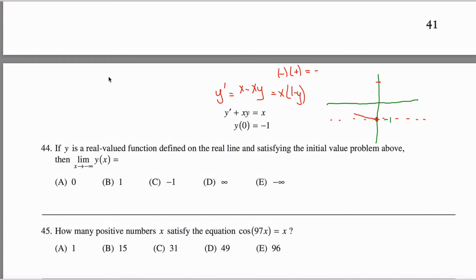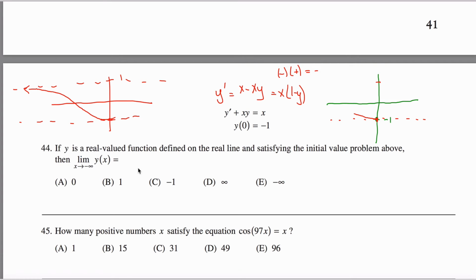So if I were to draw this very roughly, my graph would look something like this. I'd have this asymptotic behavior at 1, and then a tangent line here at negative 1.